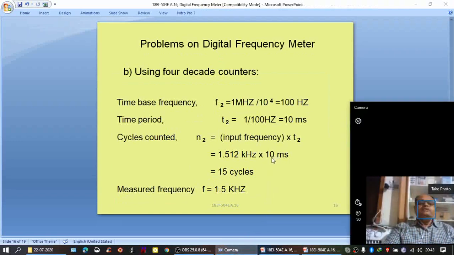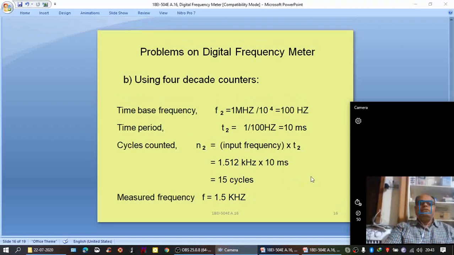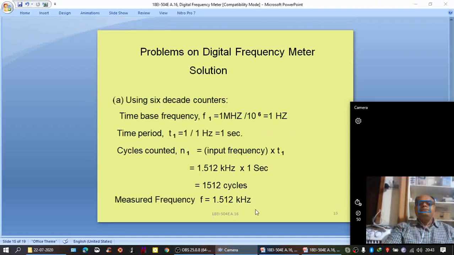The duration of each gating pulse is 10 milliseconds. In 10 milliseconds time duration, we received 15 cycles. So obviously the frequency would be 1.5 kilohertz. But it is not accurate enough to the 3 digits. In fact, 12 cycles are missing here when compared with the original count.